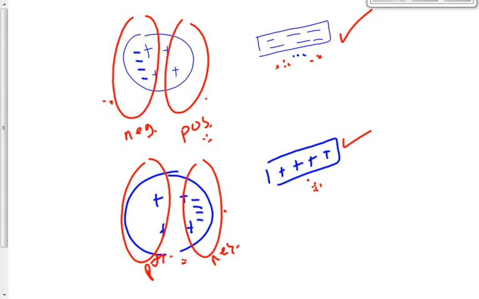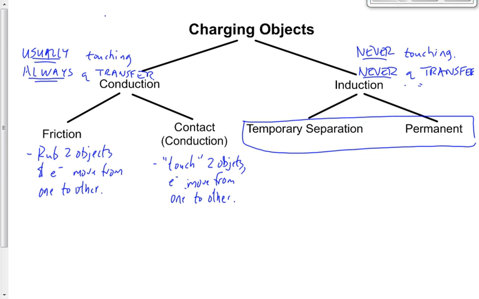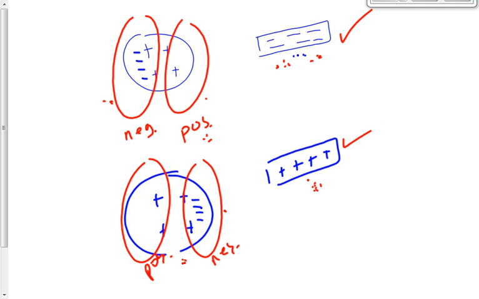Okay? All right, so we said this is a temporary separation of charge. The other thing that we said can happen here is a permanent charge. How do we take this diagram, diagram number 1, and make it permanent? We're going to attach what we call a ground wire.